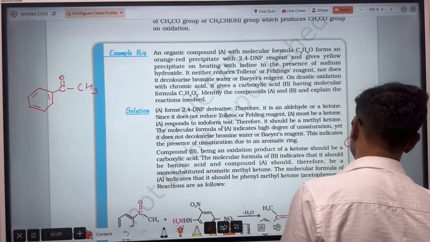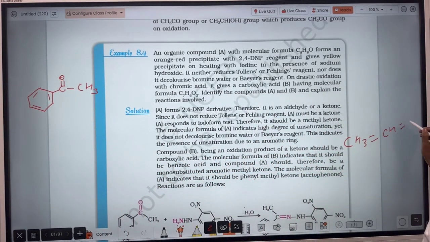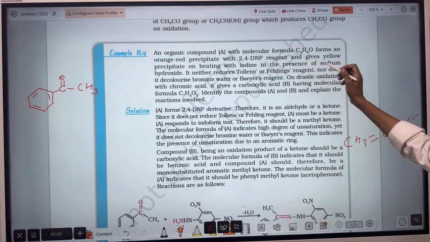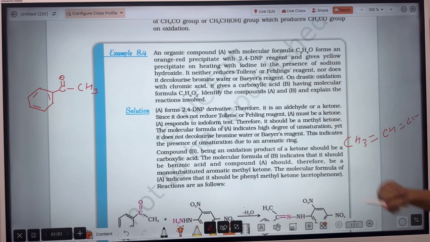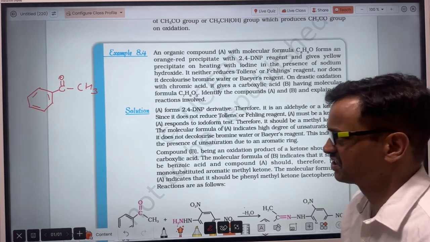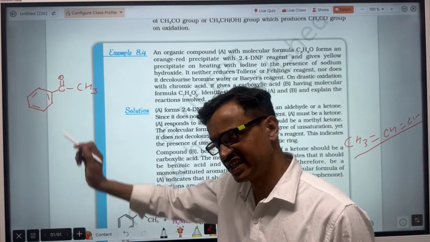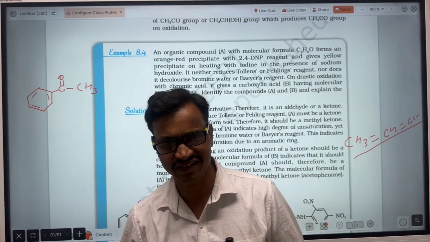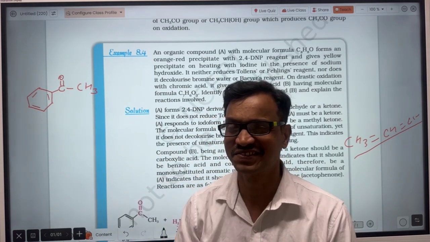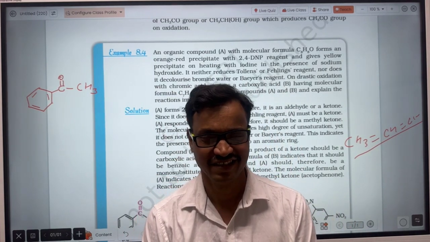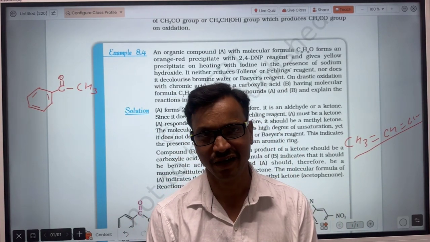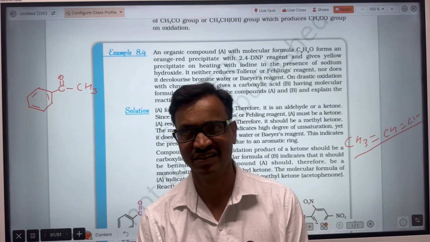Another possibility is an open chain with unsaturation at a number of places. A ketone may form there, but whether the other conditions will be fulfilled or not, there will be doubt. So firstly, as I have drawn this structure, let's check for this compound, and if it does not satisfy all the reactions, then we will try for the other compound.